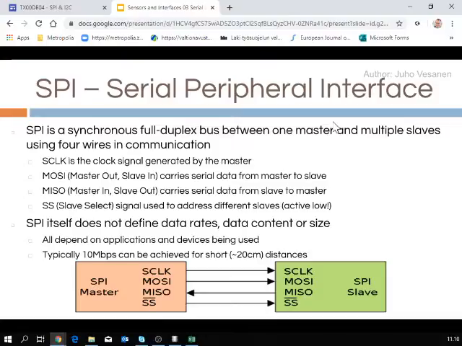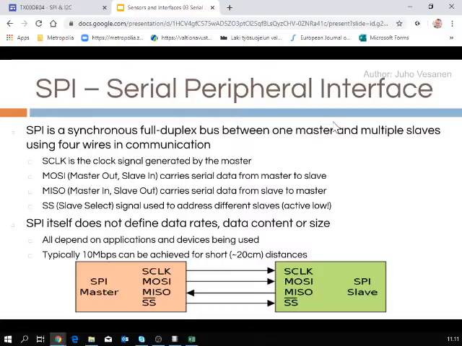10 megabits per second is easy when you have short distances. Since you can have strong drives on both ends, if you want to have balanced lines, you can use balanced lines here. Nobody is telling you not to do so.